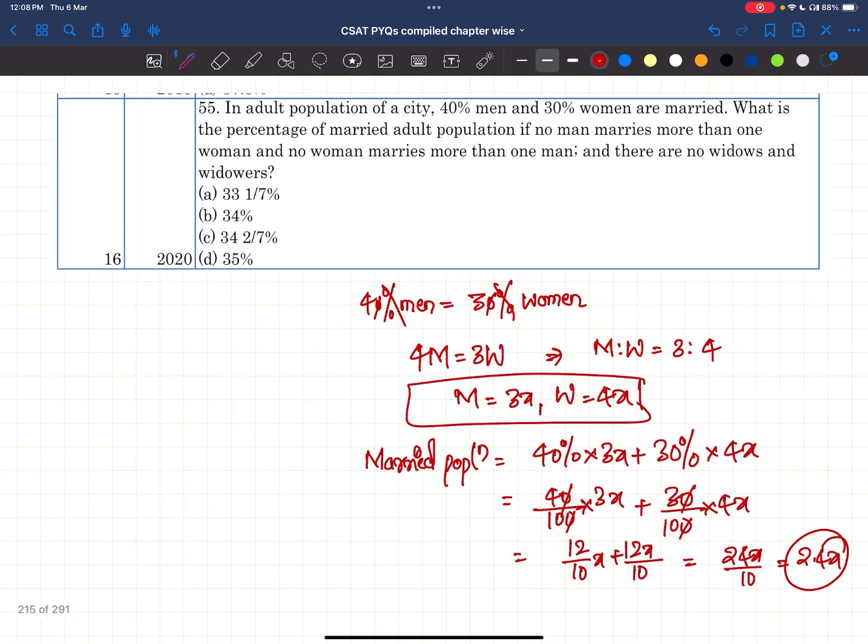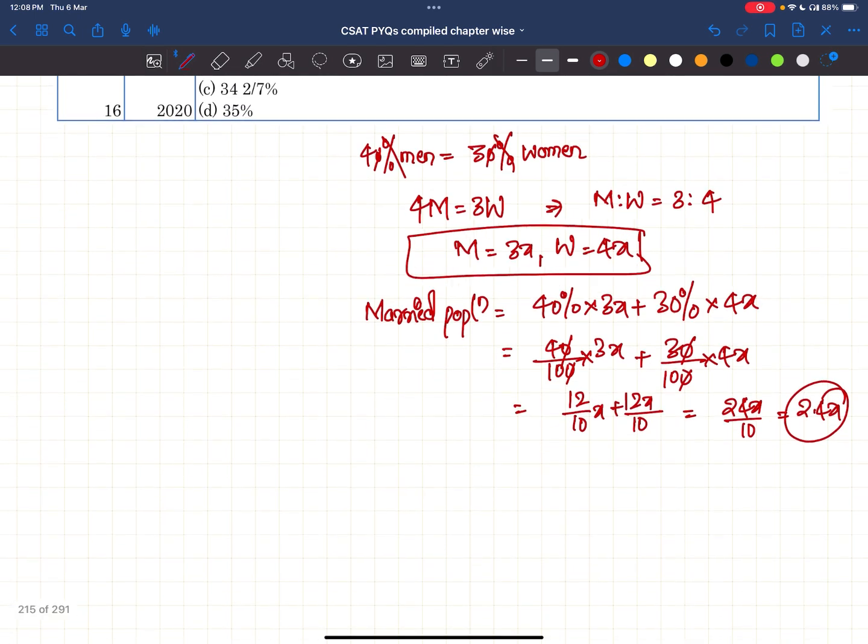Now, what is asked? What is the percentage of married adult population? See, married percentage: how many people are married? 2.4x. What is the total population? 4x plus 3x, that is 7x.